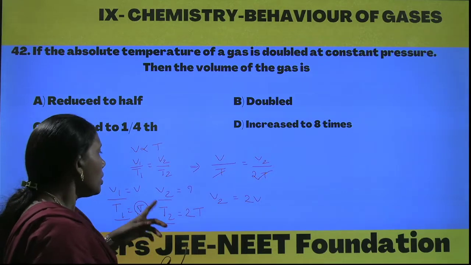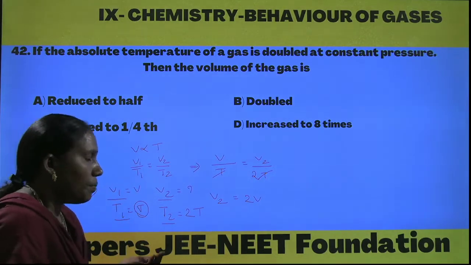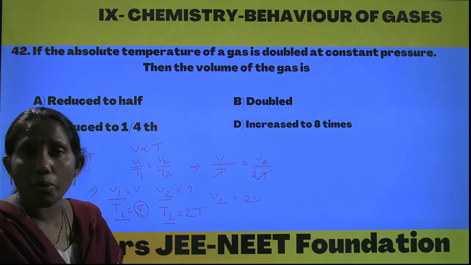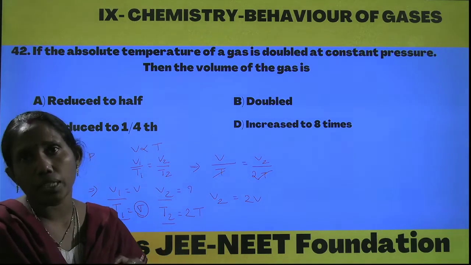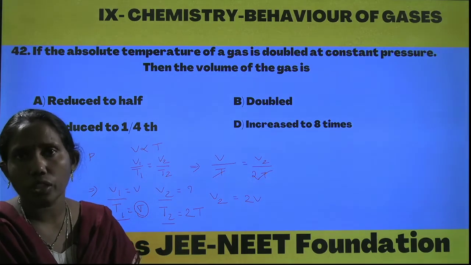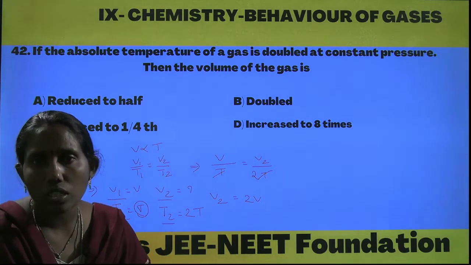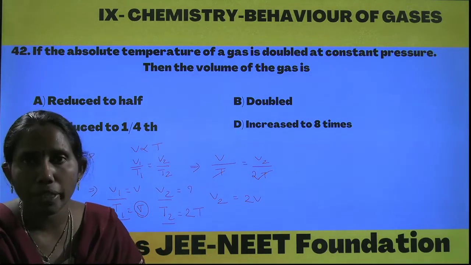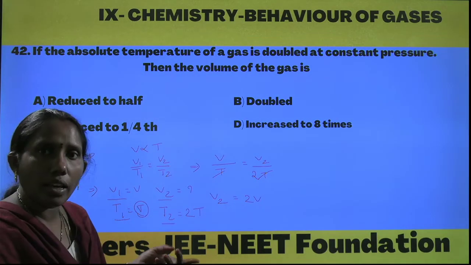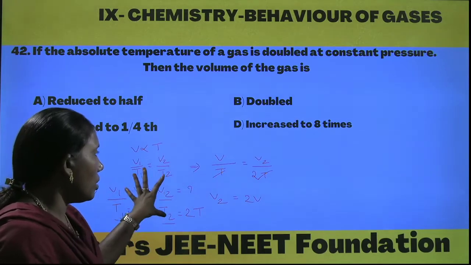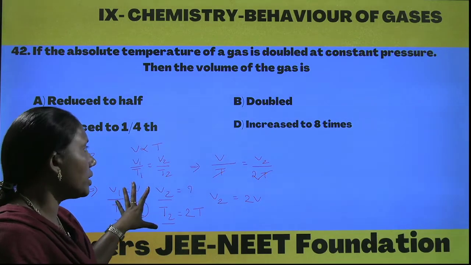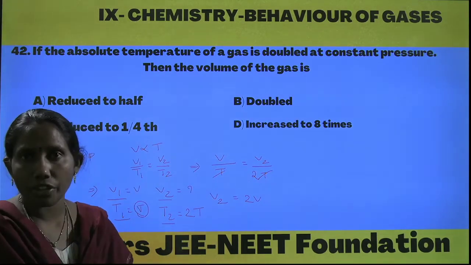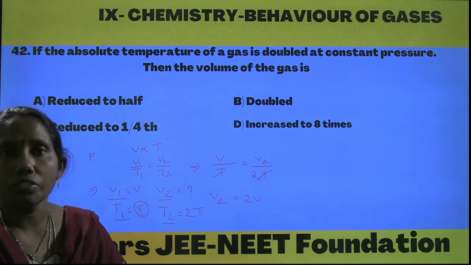So simply the volume is doubled, because both are directly proportional to each other, right? Volume and temperature both are directly proportional. If temperature is doubled, obviously volume also will be doubled, right? That is the theory, and this is the expression. We have done the calculation, and according to that calculation, we can say volume is doubled if you double the temperature.